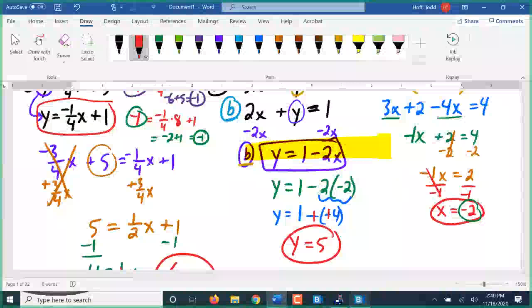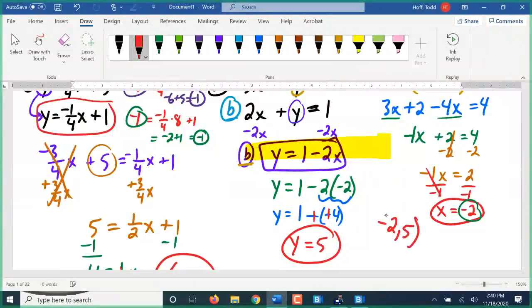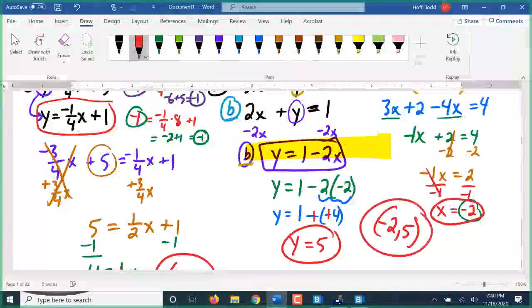So our solution to that equation is x equals negative 2, y equals 5. Well, substitution is kind of a long process.